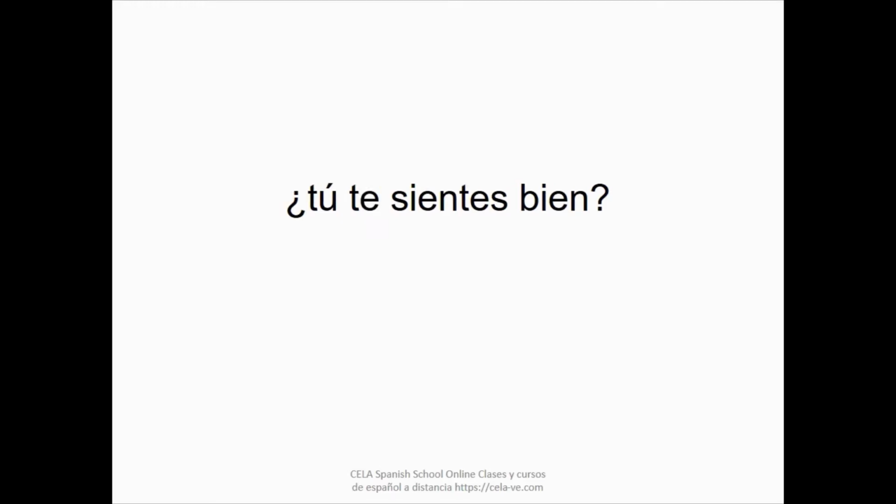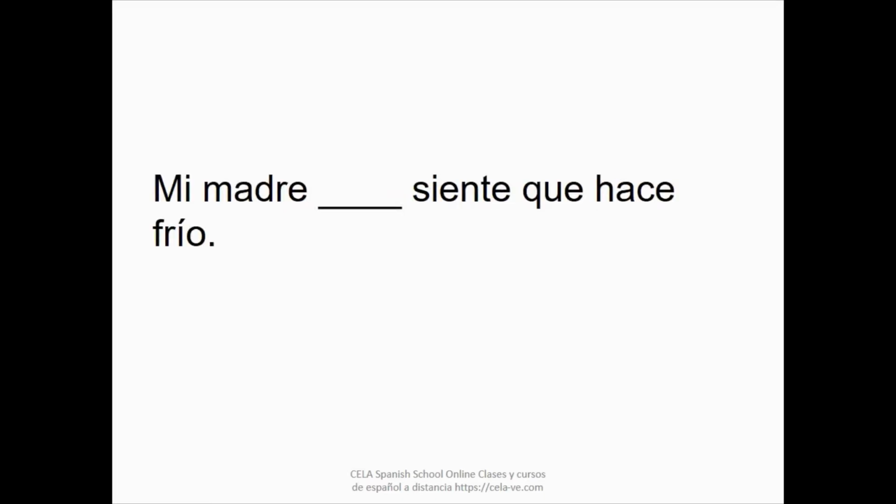Tú te sientes bien. Sentirse, to feel, is reflexive. Mi madre siente que hace frío. My mother feels that it is cold.